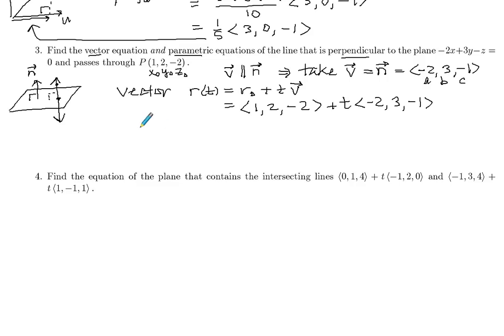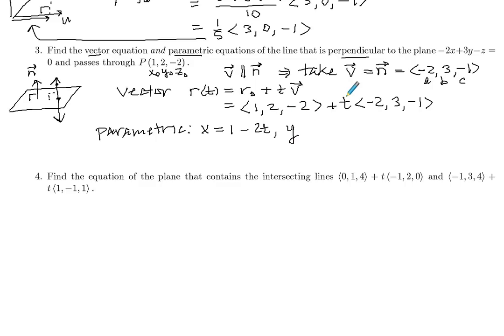And then if we want parametrics, we're just breaking it up into coordinates. So the x-coordinate is 1 plus t times -2, so x would be equal to 1 minus 2t.